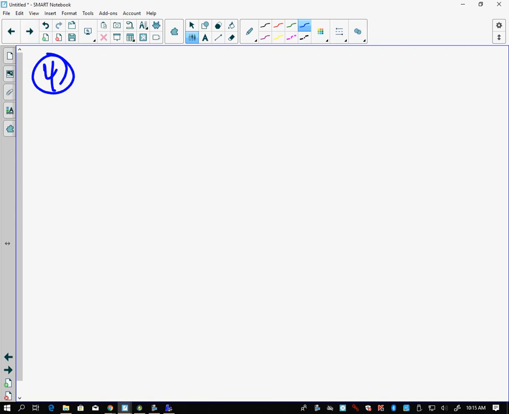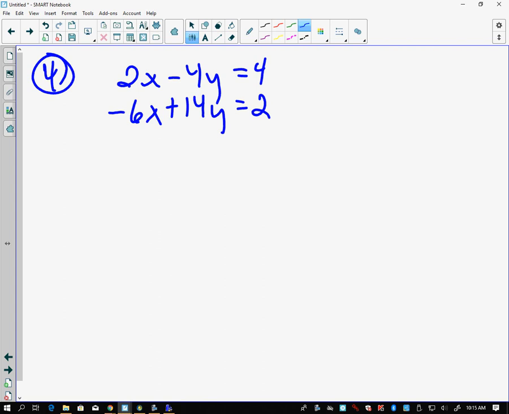Okay. All right. They're going to give you an equation, or a system of equations, something like 2x minus 4y equals 4. They'll give you something like negative 6x plus 14y equals 2. Okay?